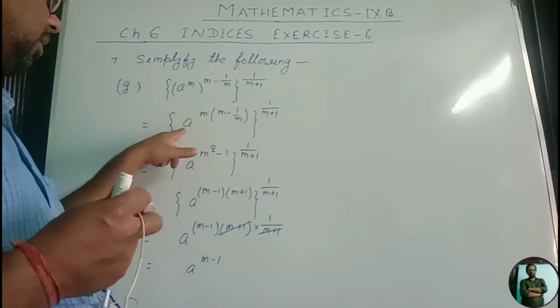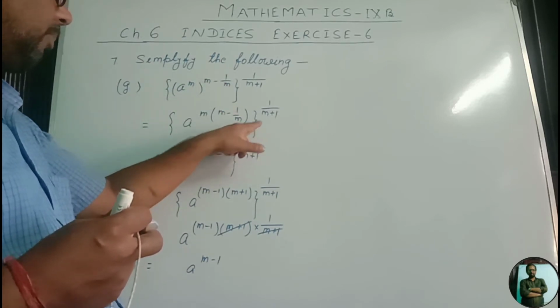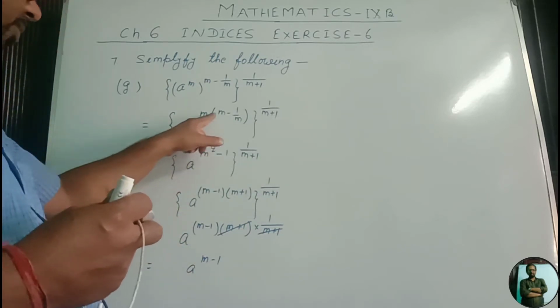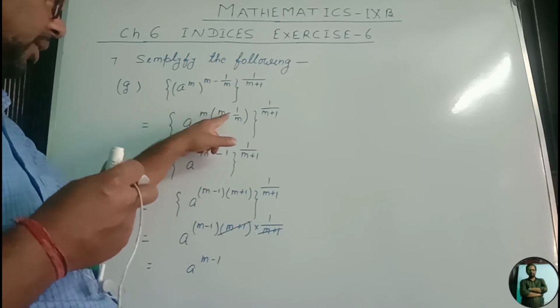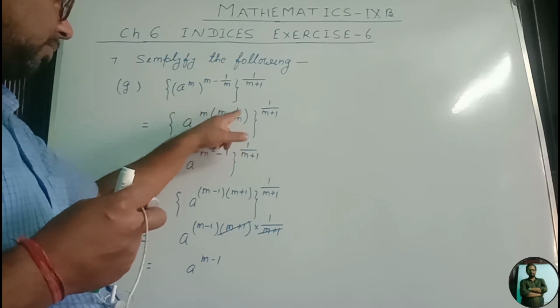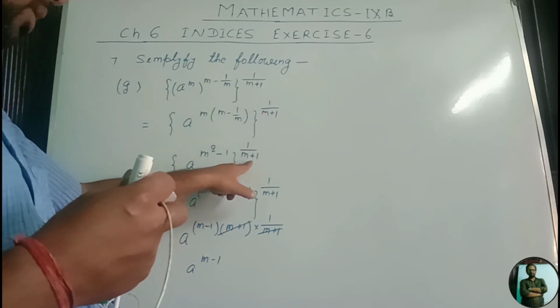For that, I have written here a to the power m into (m minus 1/m) whole power 1/(m plus 1). In the next step, these two will be multiplied: m into m, that is equal to m square, minus, I wrote here, m into 1/m, so m cancelled, 1 is left, I wrote here 1, and whole power 1/(m plus 1).